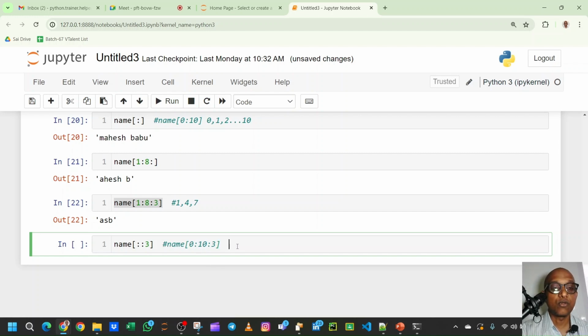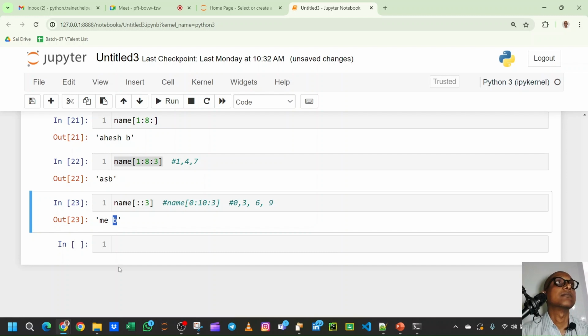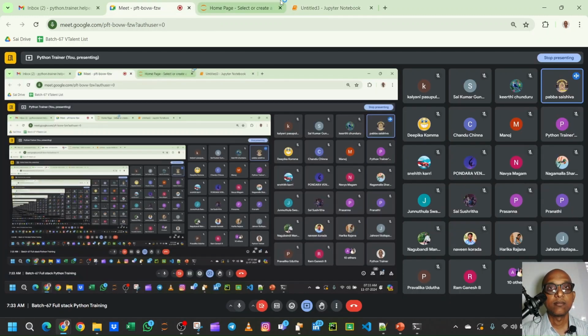So it is going to get the values at 0, 0 plus 3, 3, 3 plus 3, 6, 6 plus 3, 9, and 9 plus 3, 12. 12 is out of range. So it is going to get the values at index 0, index 3, index 6, and index 9. Clear? Anyone have any questions? Sai, is your question answered? Yes, sir.